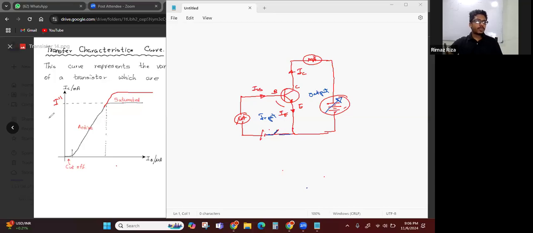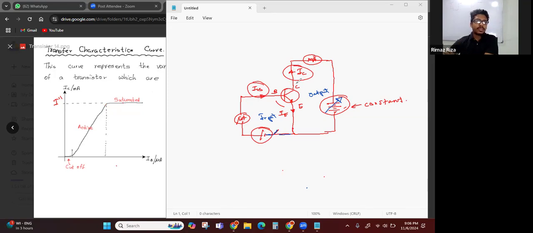In this transfer characteristic curve, we keep this value constant, because we study how IC changes with IB. Now, if you want to change the IB, you have to change this voltage.